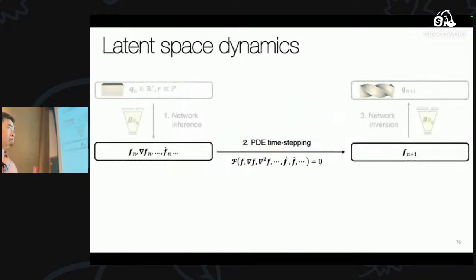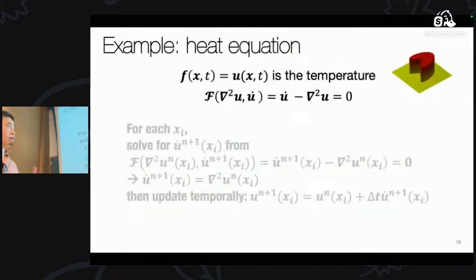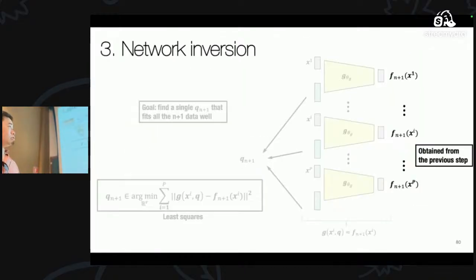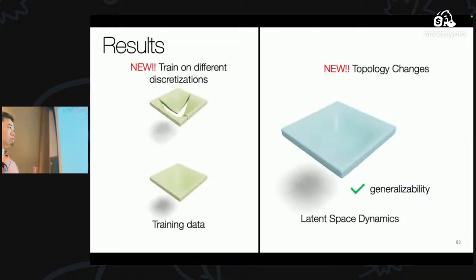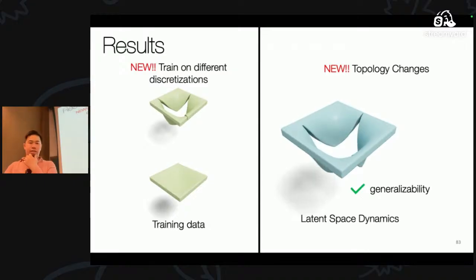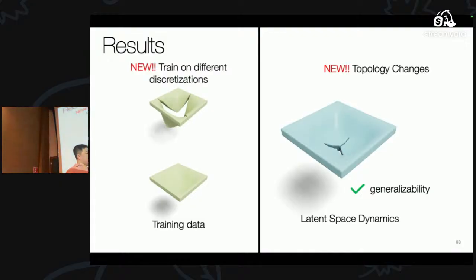We're going to go into the details here. Now let's see some results. For the first time, we can train on different geometries: one is fractured, one is not fractured. What's really cool is that after training, you can gradually cut this thing.